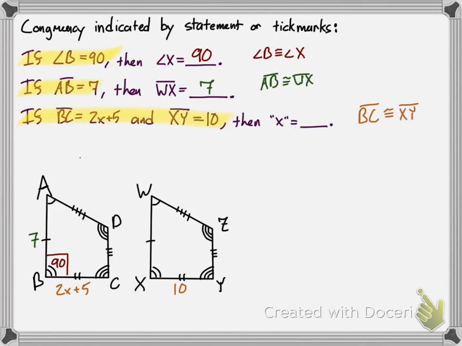And we can use this to set up our equation to solve for the variable. 2x plus 5 is equal to 10. And now we will solve. 2x is equal to 5. We'll divide by 2 here. x is equal to, we'll leave it as a fraction, 5 halves, or we could write it as a decimal, 2.5.